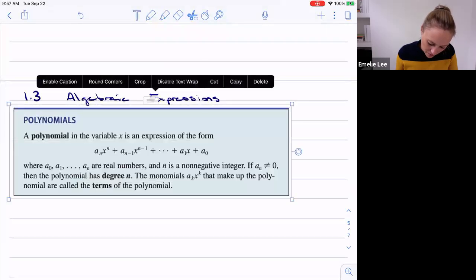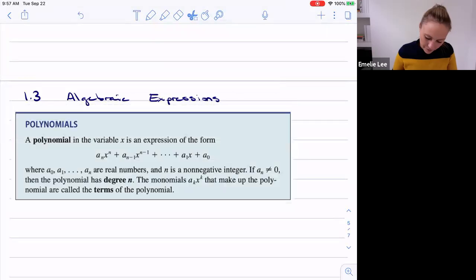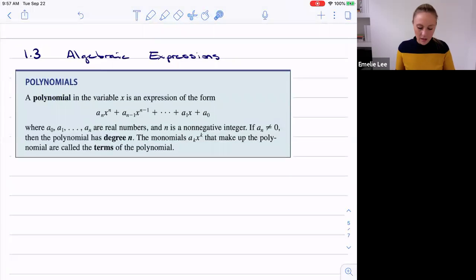So we'll start by talking about polynomials. A polynomial is just anything with multiple powers of x all combined, and each x with its power is going to have its own coefficient.